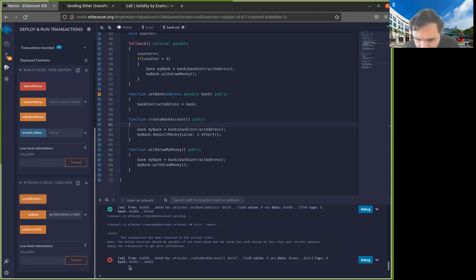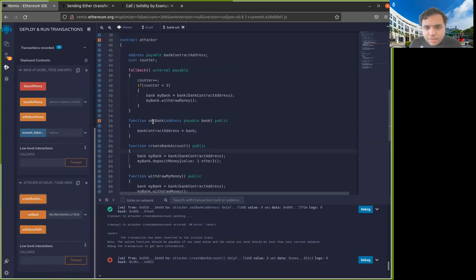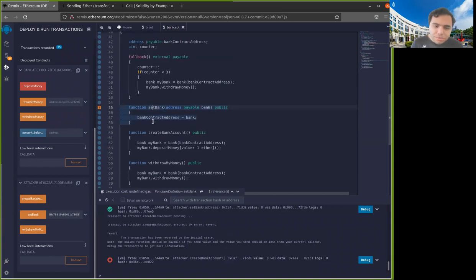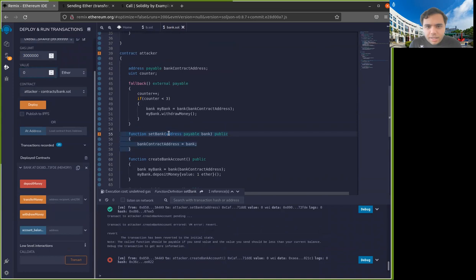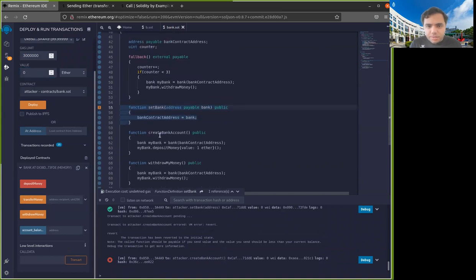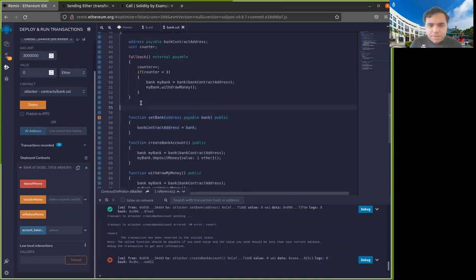Okay, what happened here? Oh, sorry, I had forgotten to actually pay the attacker contract. Oh, okay. Let's do this again. So I create my attacker contract, and let me also have a function called deposit here.